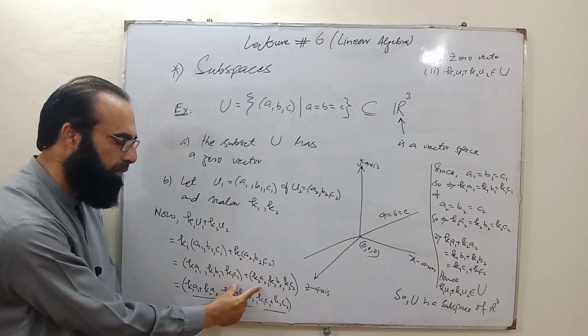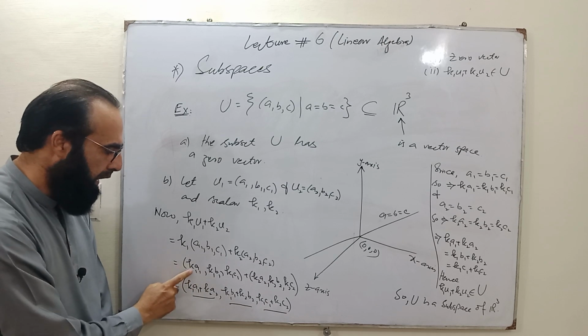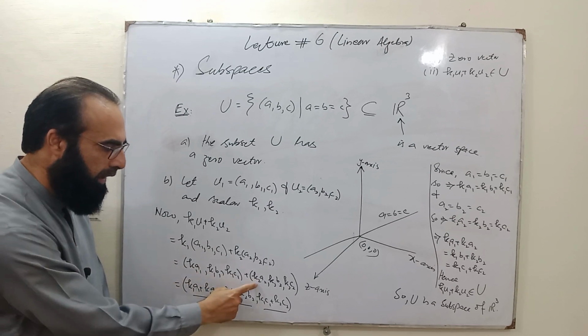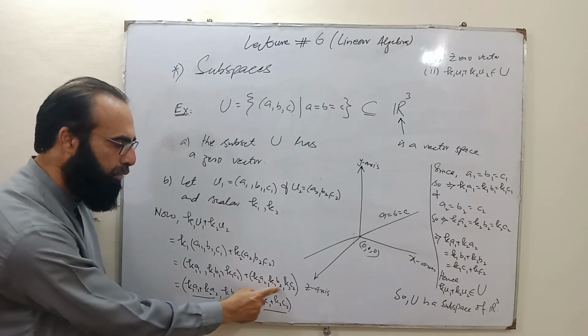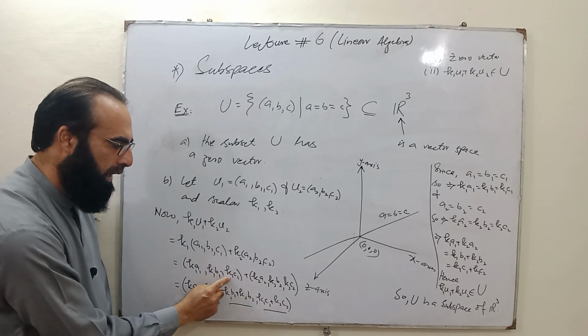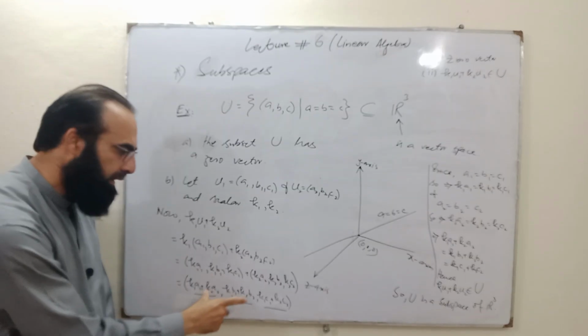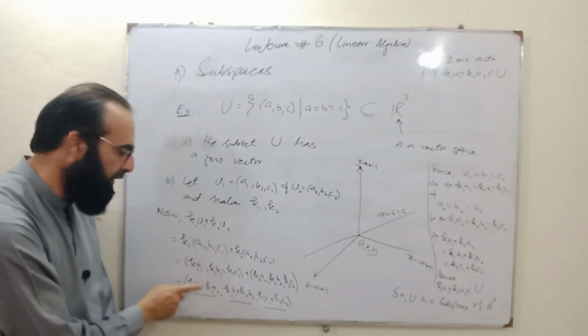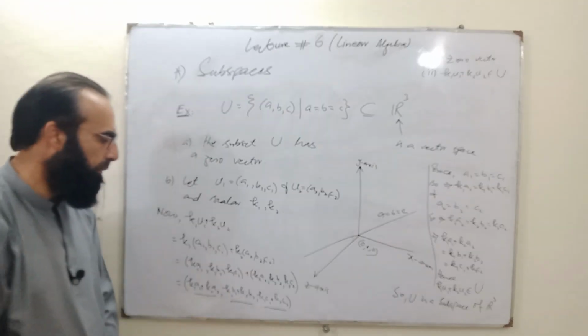We will get this expression. And then add these 2 vectors, we will get k1 a1 plus k2 a2. Similarly k1 b1 plus k2 b2. Similarly k1 c1 plus k2 c2. We added these 2 vectors component wise. First component with first, second with second and third with third.